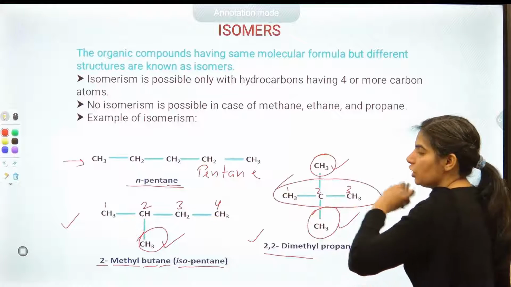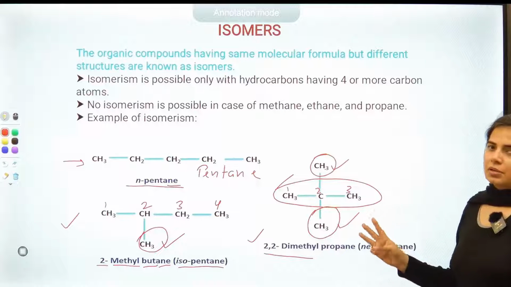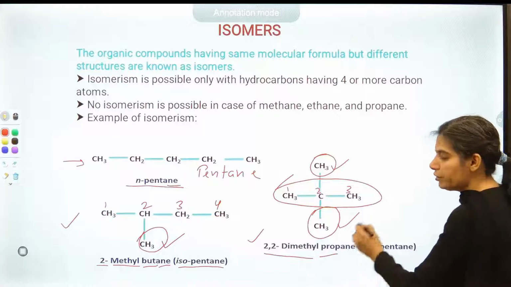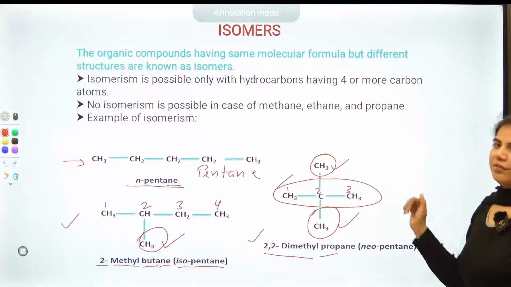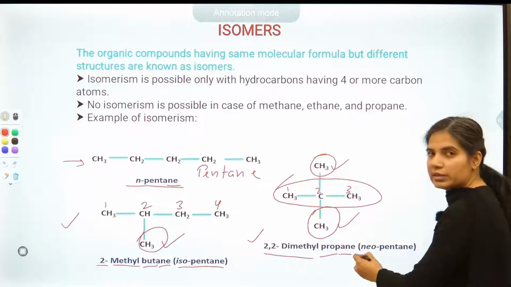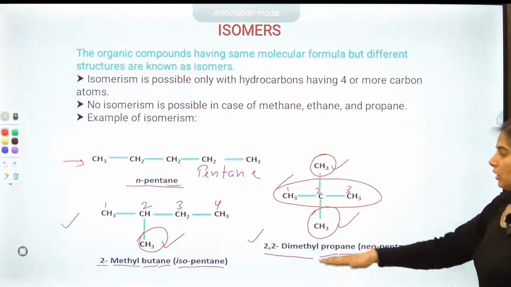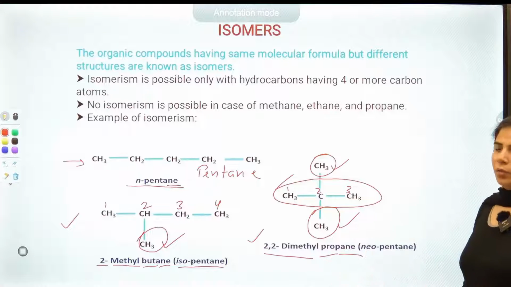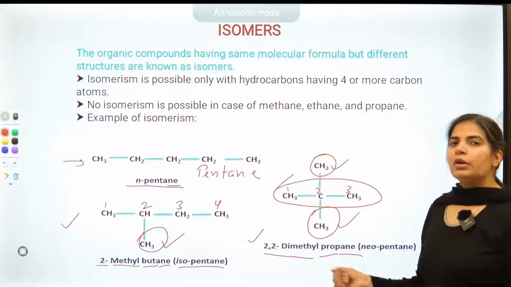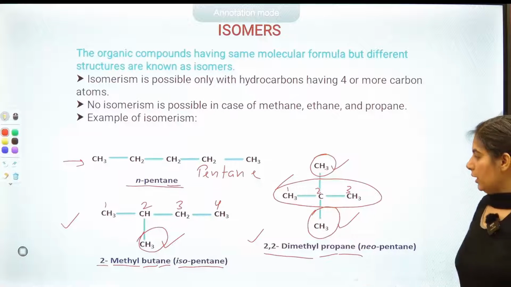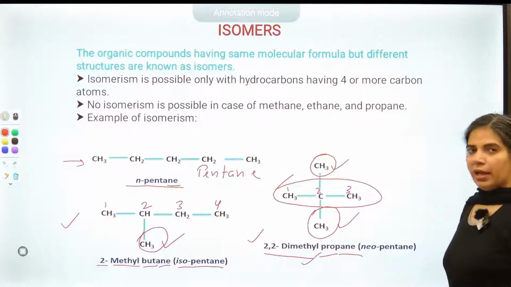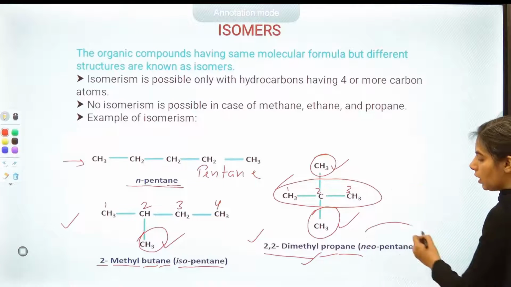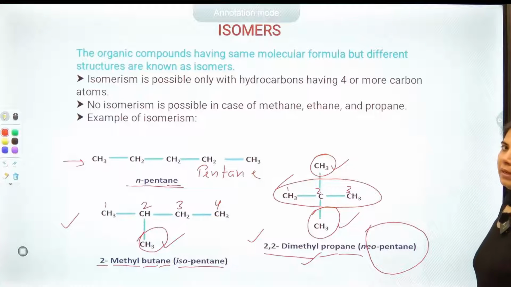And in our parent chain, we are having 3 carbons. And for 3 carbons, we will use prop. And all are having single bond, so we will use ane. Collectively, the name of our compound is 2,2-dimethyl-propane. This is the IUPAC name. And the common name of our compound will be neopentane.